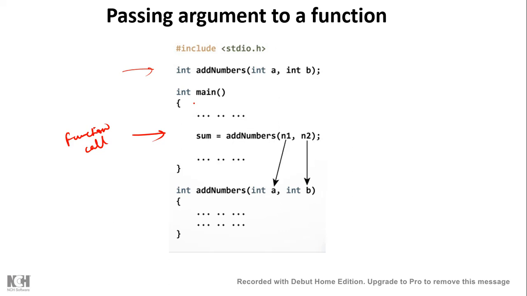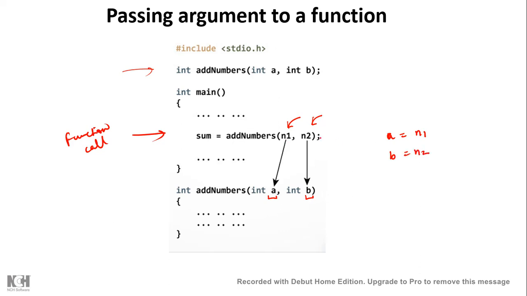Now the parameters a and b accept the passed arguments in the function definition. Whatever you pass here for n1 and n2 will be taken in the function as the values of a and b. So technically what is happening is a equals n1 and b equals n2.